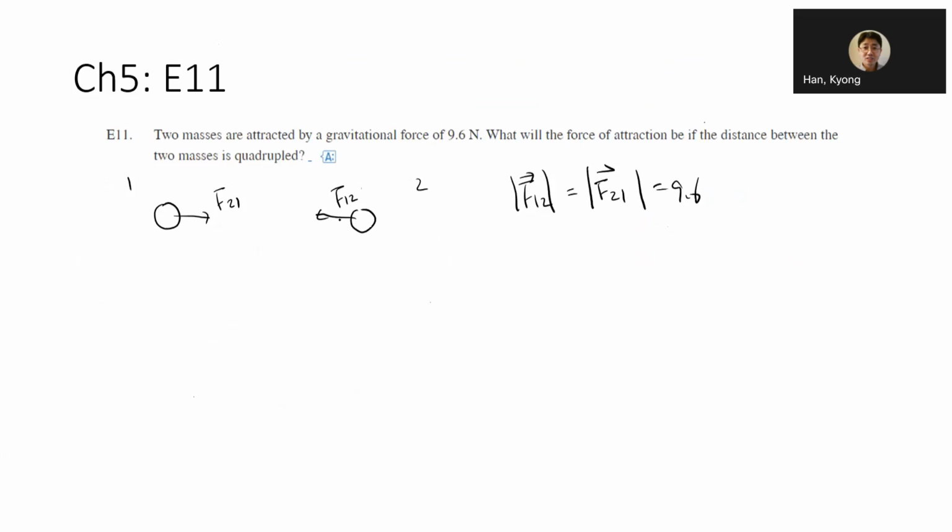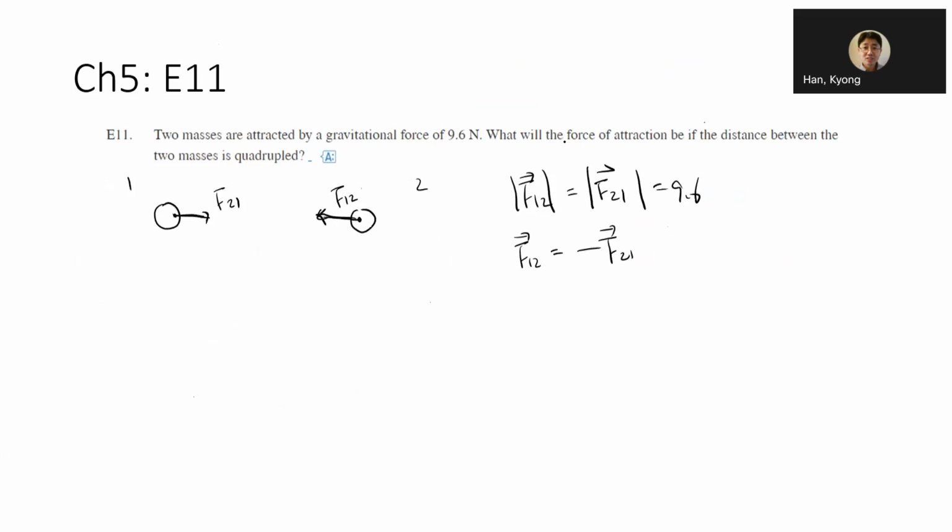This is action and reaction: the magnitudes are the same but the directions are opposite. That is, the F12 vector equals negative F21 vector.